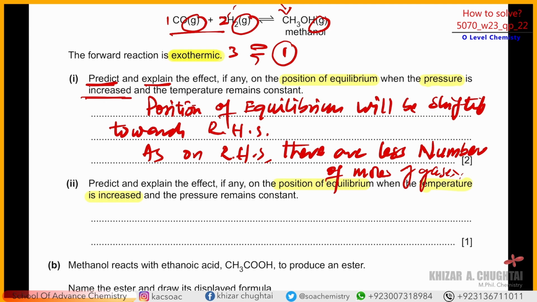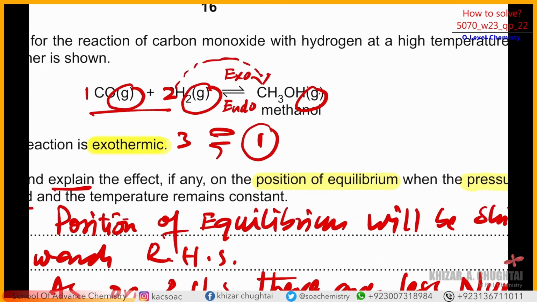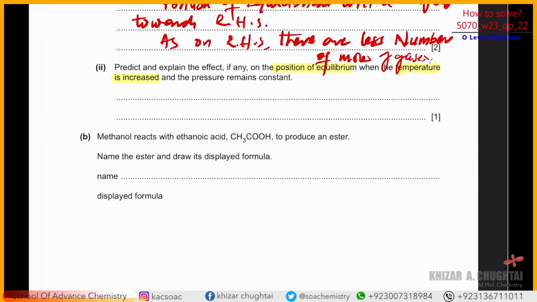If the reaction is exothermic, on raising the temperature, equilibrium will be shifted backward. I mean, an increase in temperature favors the endothermic side. If the forward reaction is exothermic, it means that the backward reaction is endothermic, and an increase in temperature favors the endothermic side.